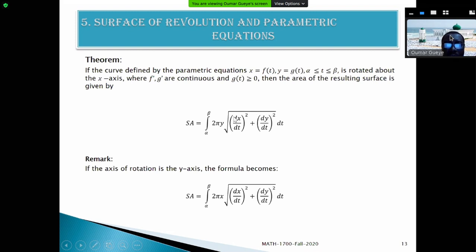Based on what we did yesterday, we know this is exactly equal to the square root of 1 plus dy over dx squared. It's the same thing.